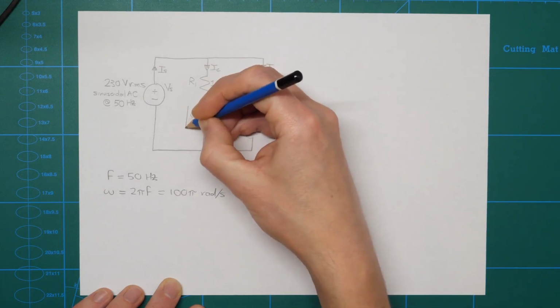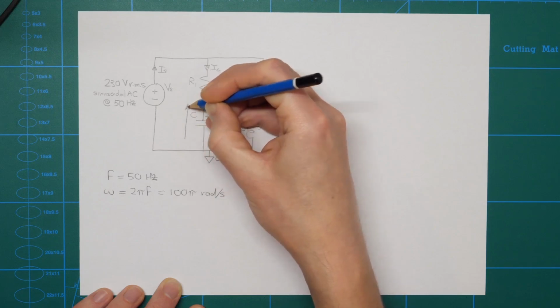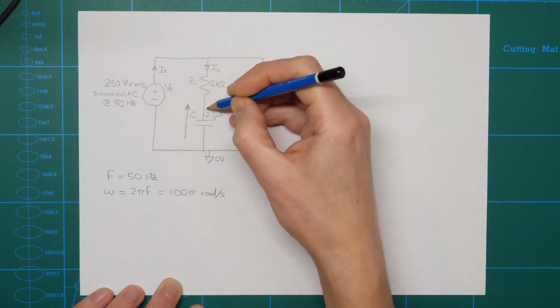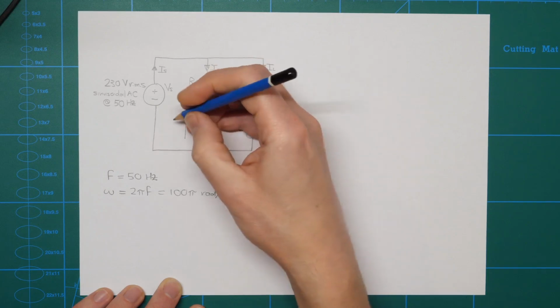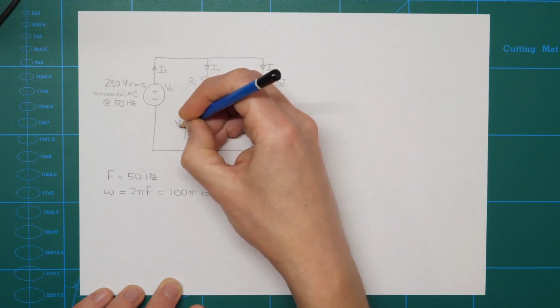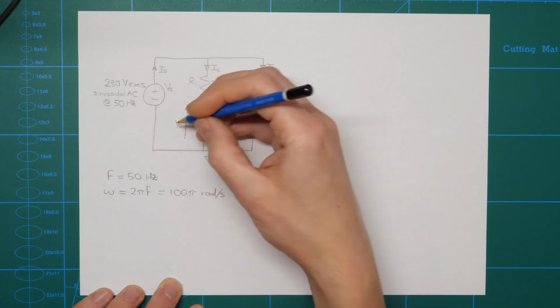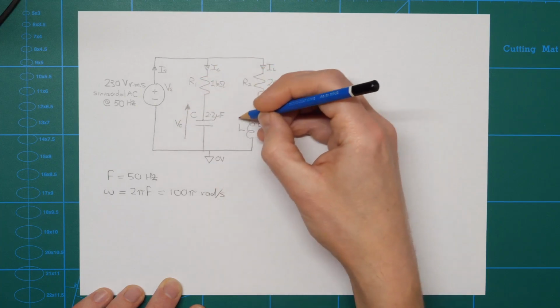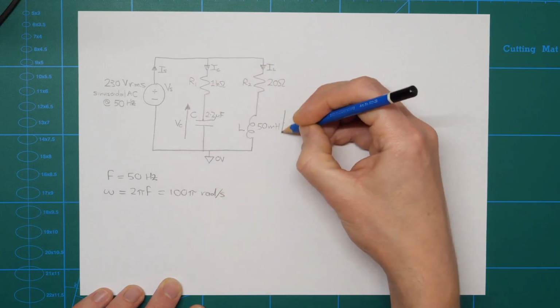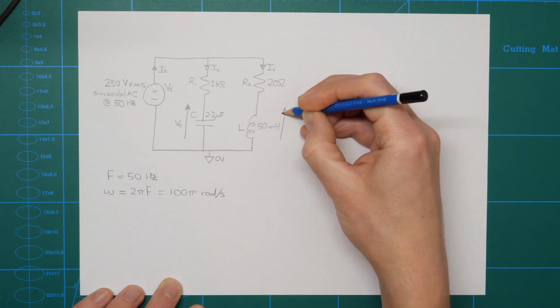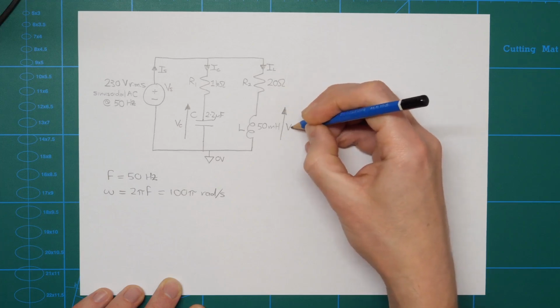I'm going to add in a phasor just across the capacitor, so it's the voltage between the two terminals of the capacitor here, and I'm going to call that VC. Again, uppercase V, subscript C, and I will have a voltage phasor just across the inductor here. So I'll call that VL.